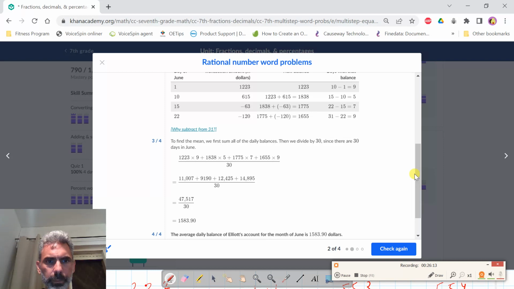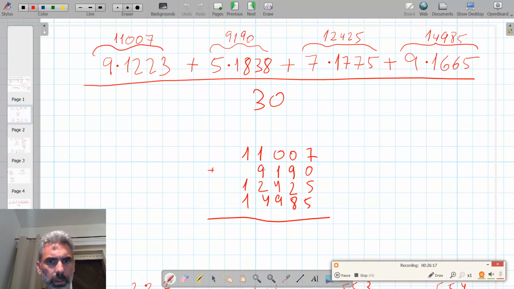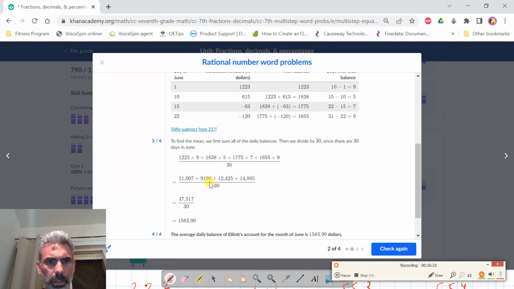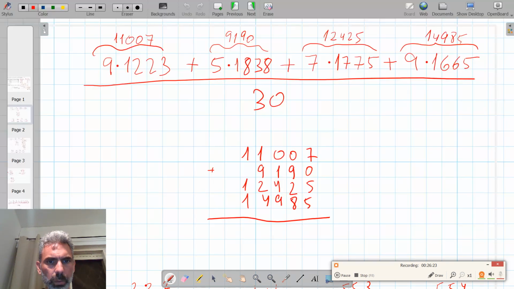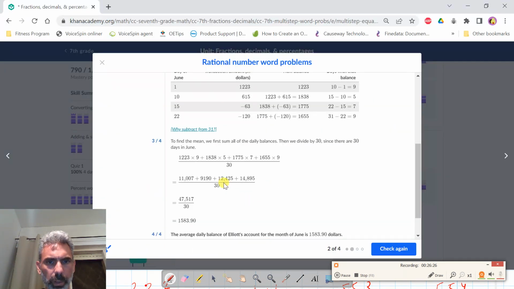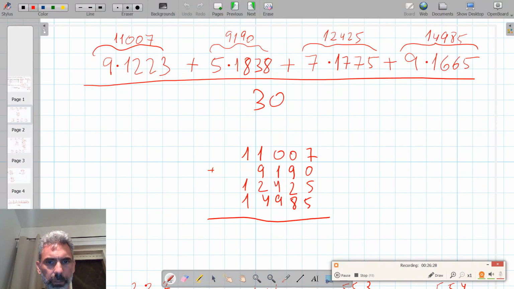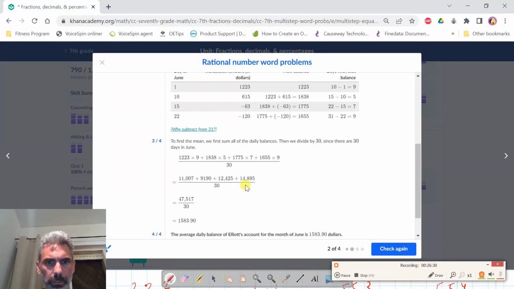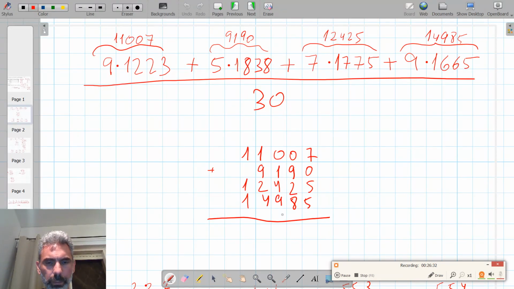Okay, so the sums are 11007 plus 9190 plus 12,425 plus 14,895.